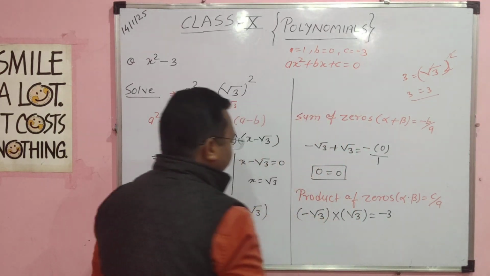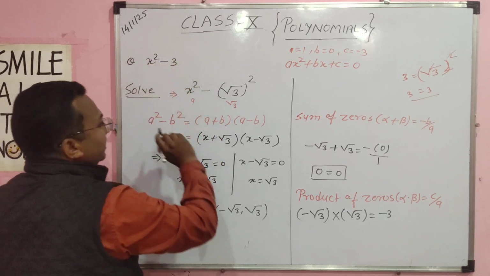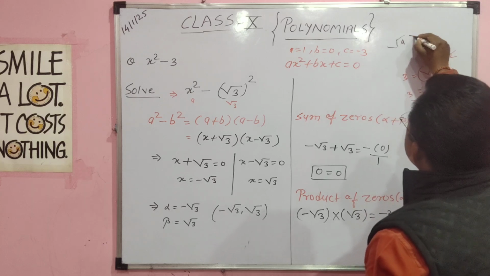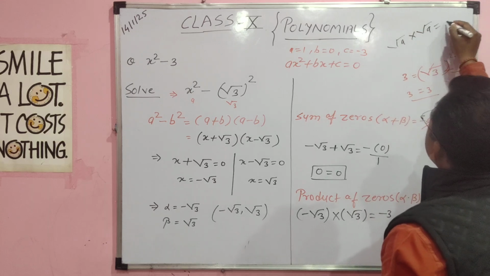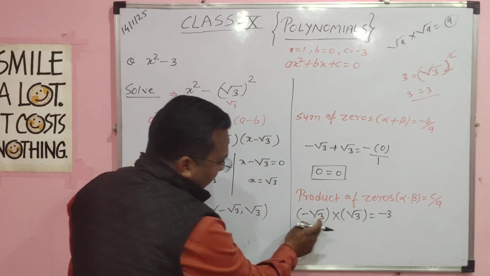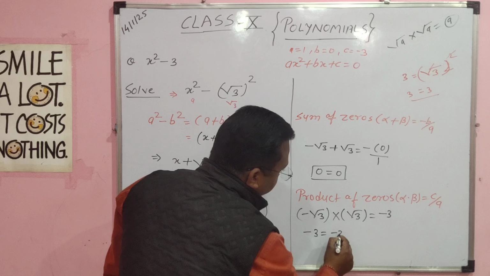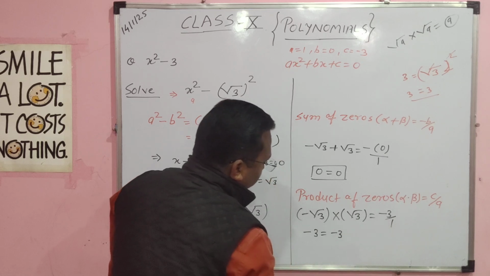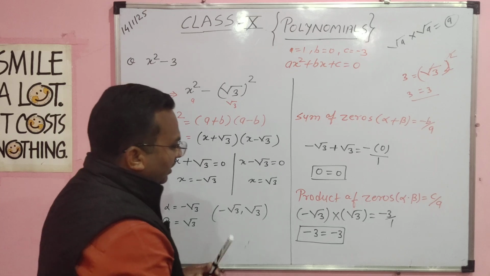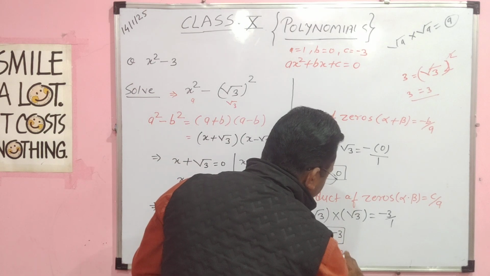When we have a calculation like root 3 and root 3, root a multiplied by root a gives a overall, understand? So minus root 3 multiplied by root 3 is minus 3, equal to minus 3 over 1. So left hand side and right hand side are equal, which means our question is verified and hence proved.